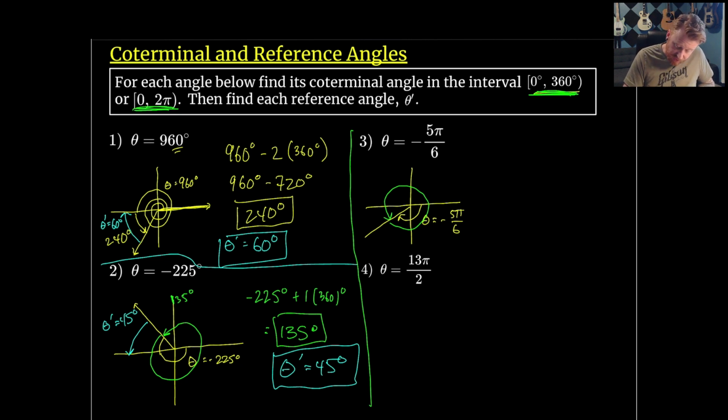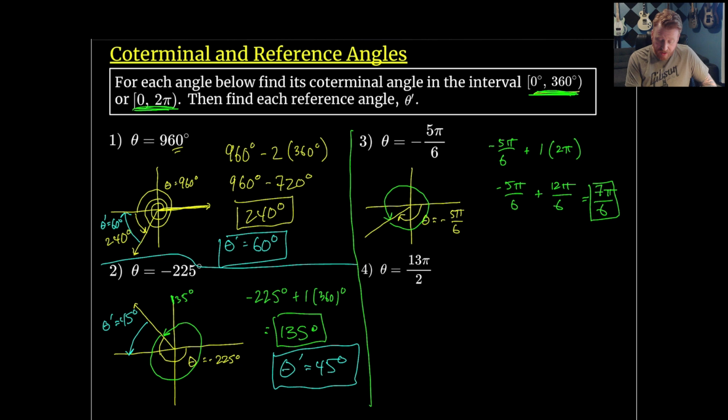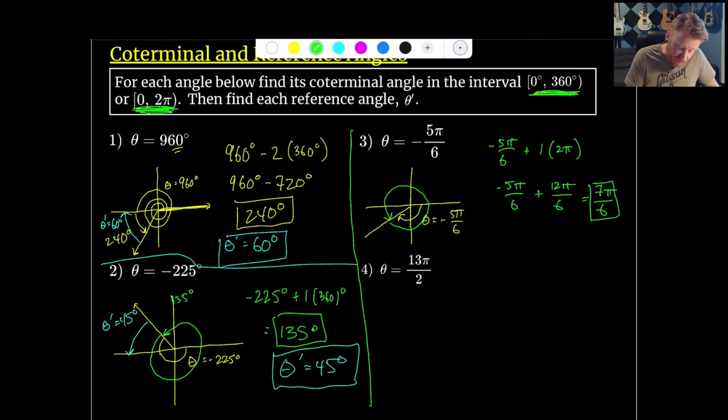If I start with negative 5 pi over 6 and add one full revolution, and one full revolution in radians is 2 pi, so I'm doing negative 5 pi over 6 plus 2 pi, which I could write as plus 12 pi over 6, getting a common denominator there. And this is going to give us 7 pi over 6. So now I know that the coterminal angle in the interval from 0 to 2 pi is 7 pi over 6.